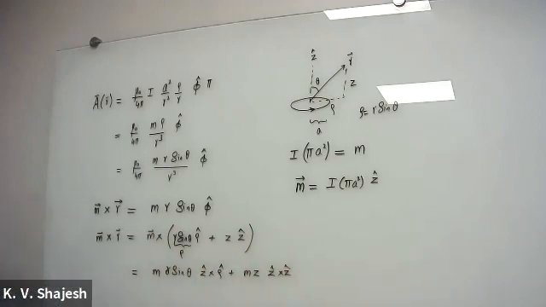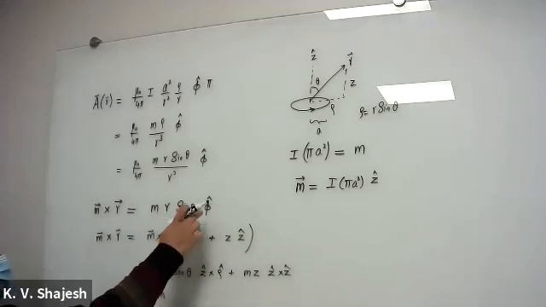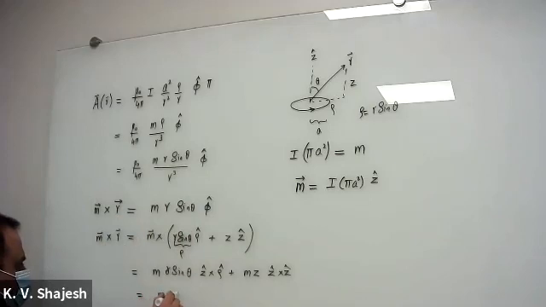But Z cross Z is 0, Z crossed with rho hat is much more clear, so that's phi hat for sure.